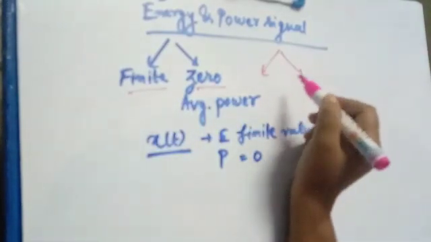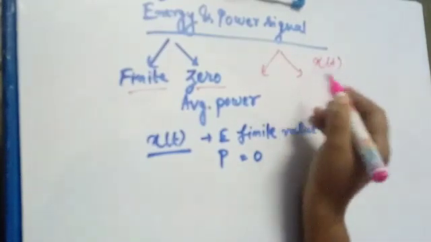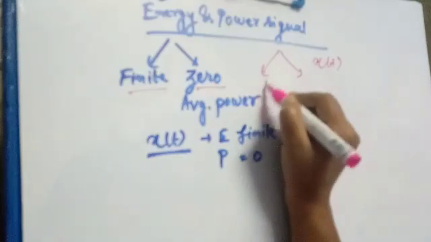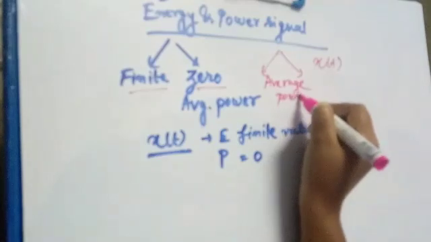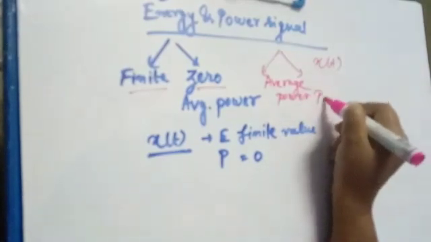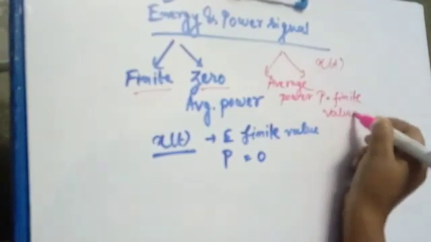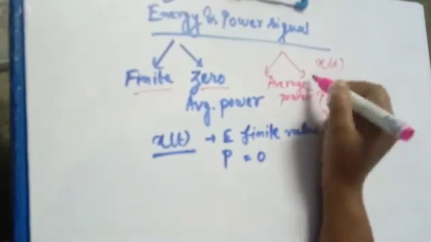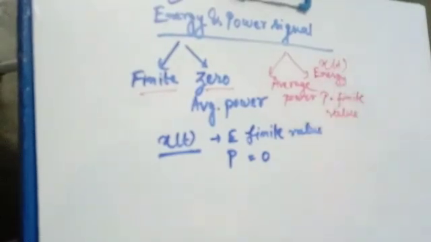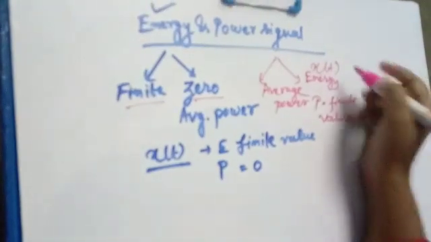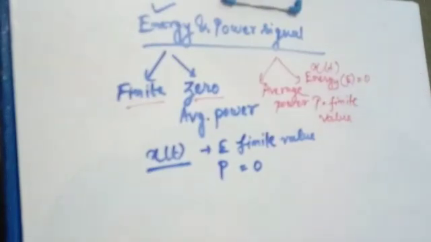For example, if x(t) is a power signal, then its average power, which is denoted as P, has a finite value, and its energy, which is denoted by E, is infinite, not zero.